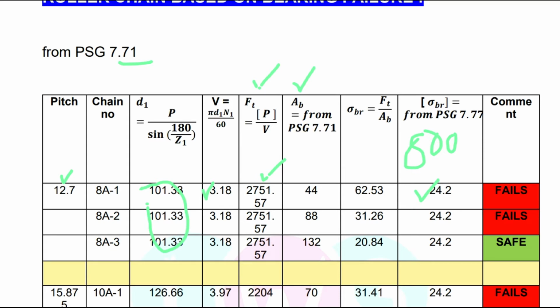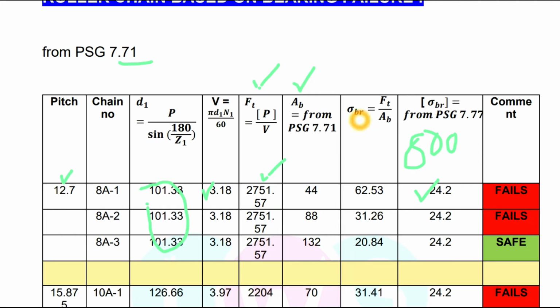Okay. Next is AB, the bearing area, which you will get from PSG page number 7, from the third last column, the bearing area. Put the value here.